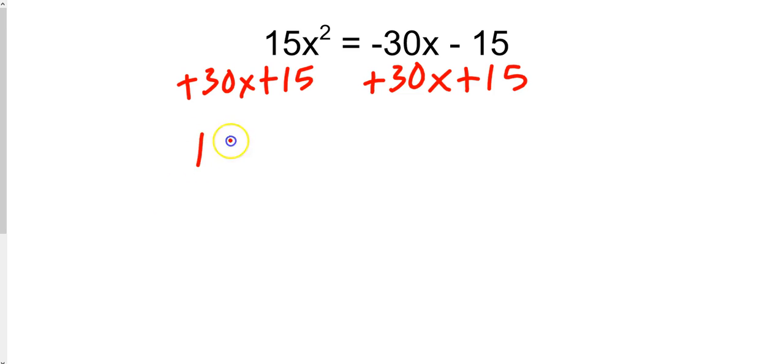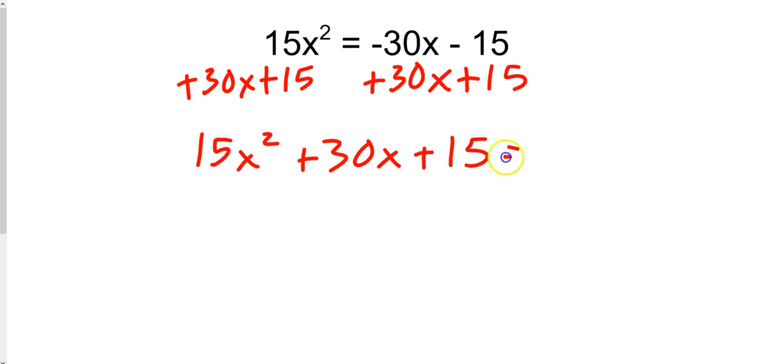So what we have is 15x squared plus 30x plus 15 equal to 0. Now we can factor. Now we're ready to go. So as usual, factoring. First things first, you want to check if there's a GCF. And is there a GCF? Absolutely.